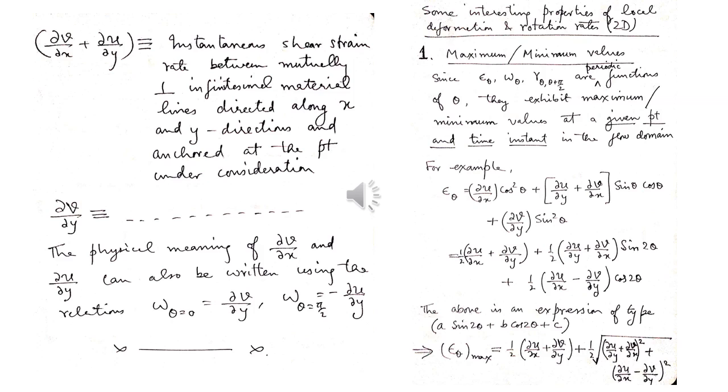So let's try to demonstrate what we have just pointed out. For example, if I consider the expression for longitudinal strain rate of a single infinitesimal material line inclined at an angle theta, then the expression is what I've already discussed in my earlier lecture.